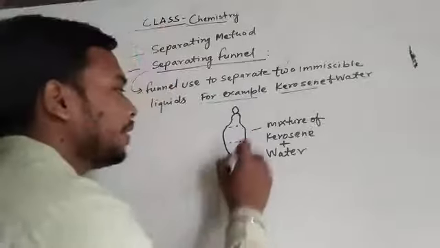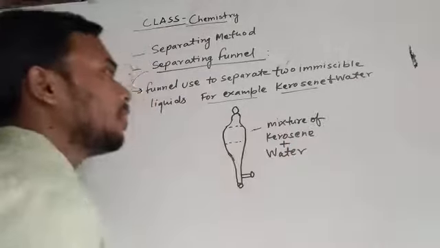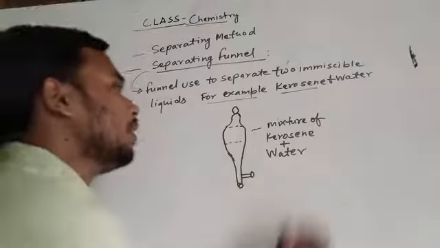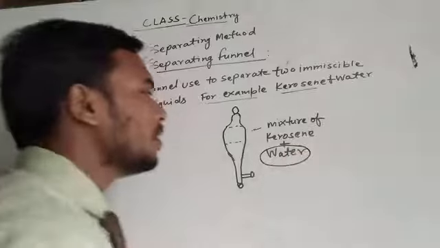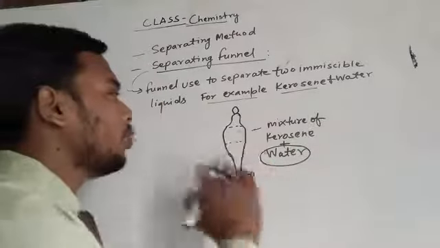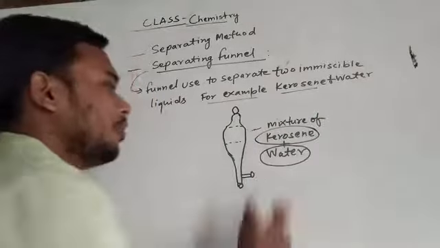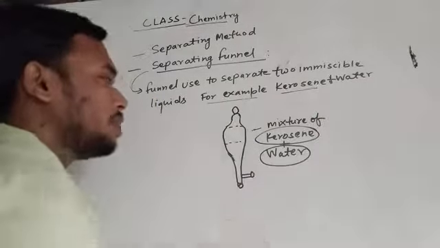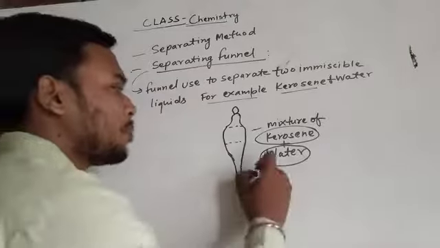Then the two layers of the immiscible liquid mixture will form. Because water has high density, one layer will form beneath, and above it the layer of kerosene will form. In this way we can separate the water from the mixture of kerosene and water with the help of the stopcock.